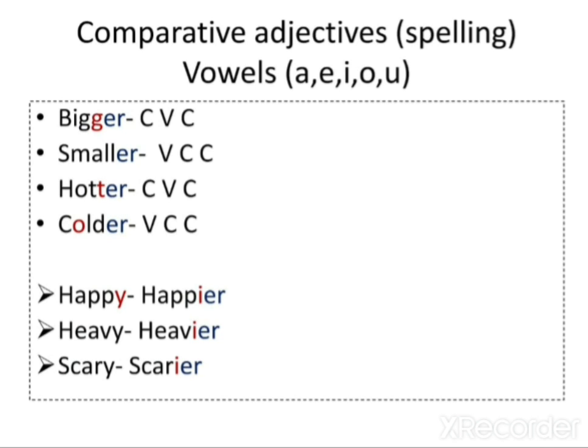So in this case, the last letter, the consonant is G. So when we are making a comparative adjective, we need to add another G.